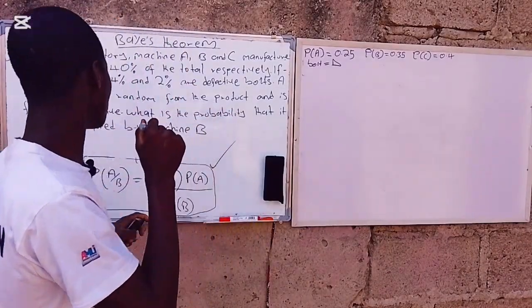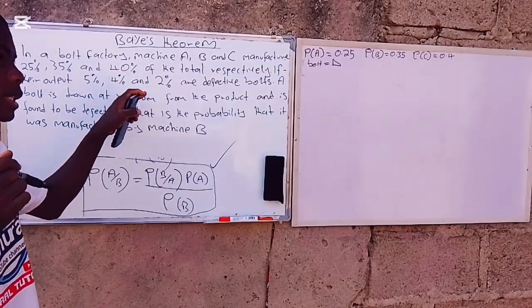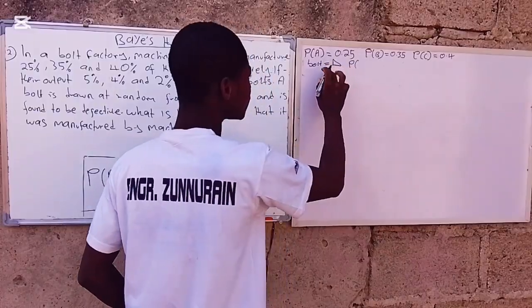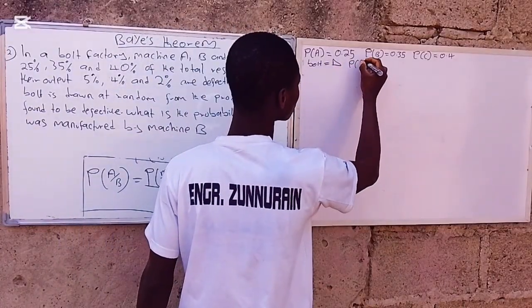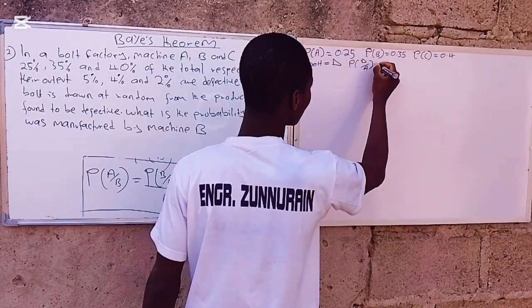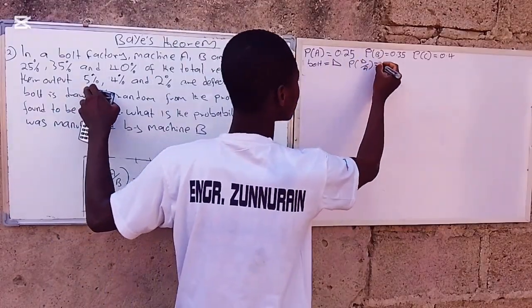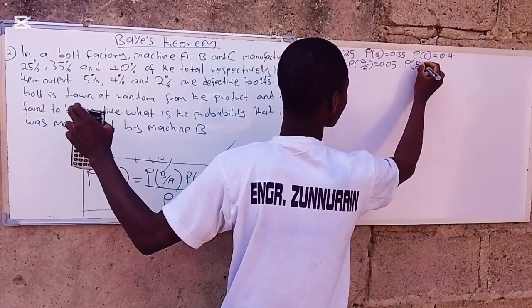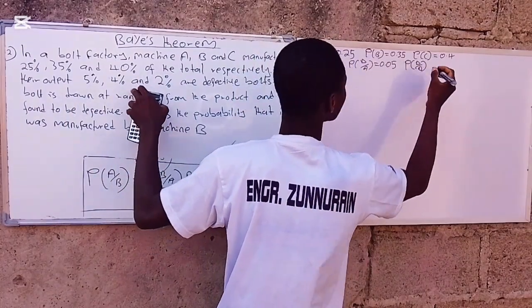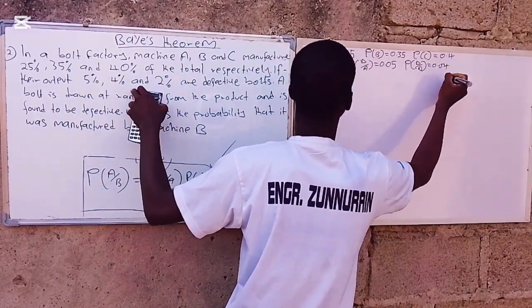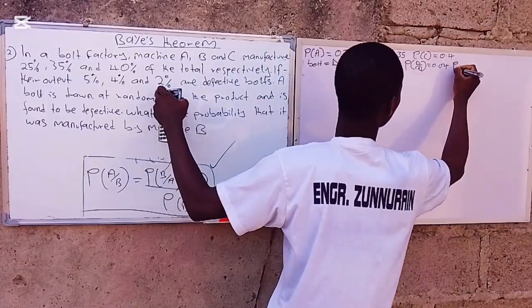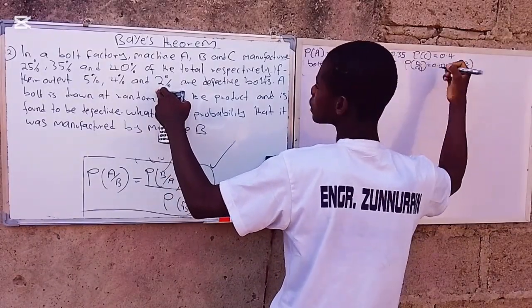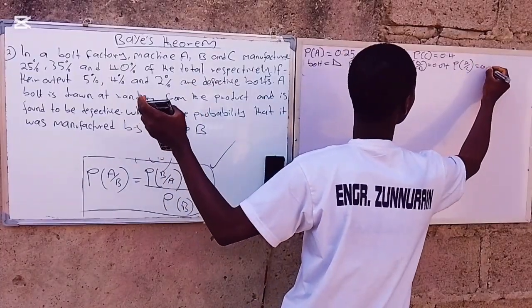So what it means, we all know that this is A, this is B, this is C. So this should now be the probability of the bolt. Probability of D given A, if you convert this, should now be 0.05. Probability of D given B should now be 0.04, and therefore probability of D given C should now be 0.02.